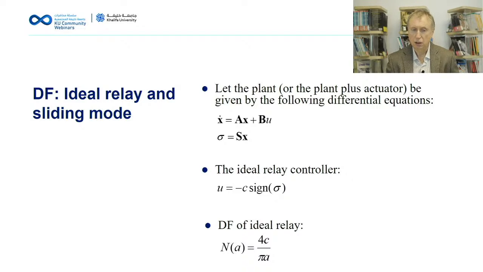So S is the row matrix containing all the coefficients of the sliding surface, essentially defining the sliding surface. The sliding surface is given by the equality of sigma to 0, or Sx equal to 0. The describing function of the ideal relay is given by the well-known formula N is equal to 4c over pi a, where c is the amplitude of the relay and a is the amplitude of the oscillations at the input to this nonlinearity.